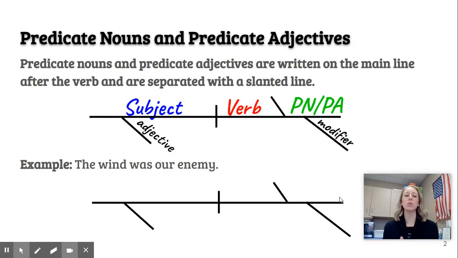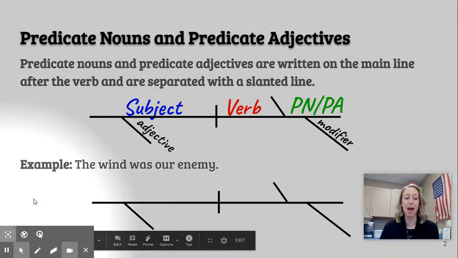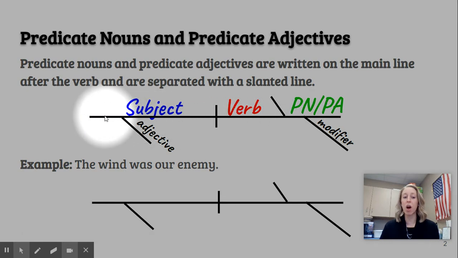So just as a reminder, when we are diagramming sentences, we have what is called the main line. Our main line is this line right here that all of the main components of our sentence appear on. You're going to have your subject always on the left-hand side of that main line, and then you'll have your verb right next to it.